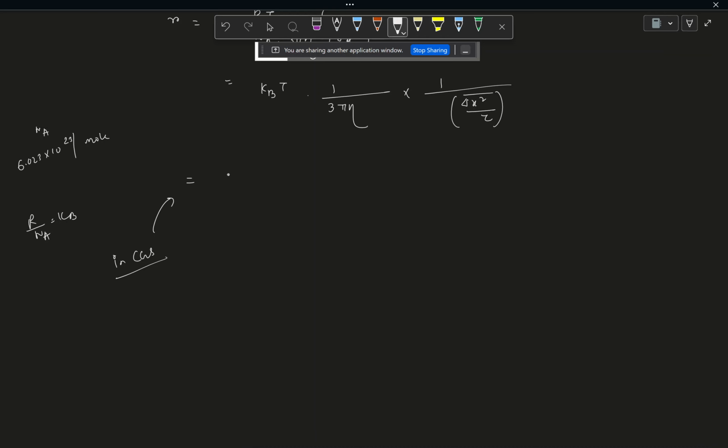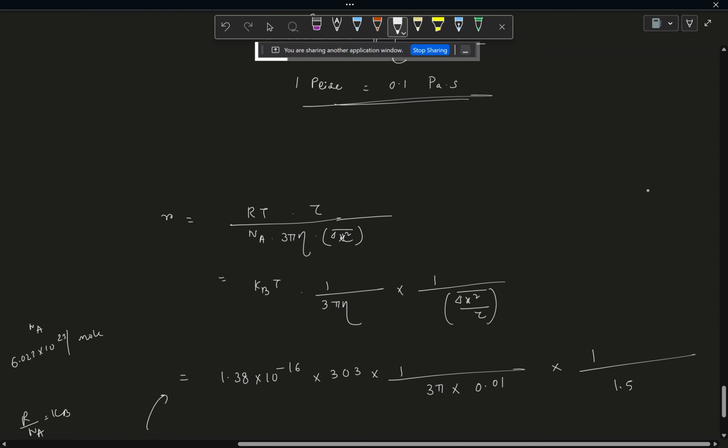The Kb value is 1.38 into 10 to the power of minus 16 erg per Kelvin, into the temperature in Kelvin, 303 Kelvin, into 1 by 3 pi eta. Eta is also in CGS unit, so directly use 0.01 poise, into 1 by 1.5 centimeter square per second.